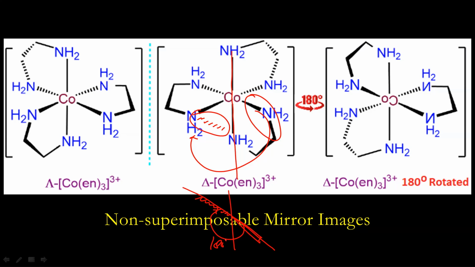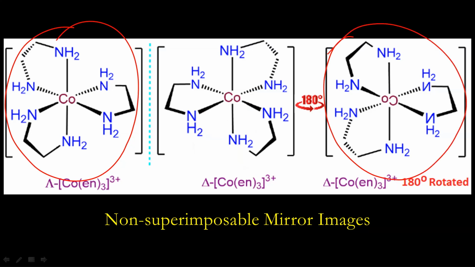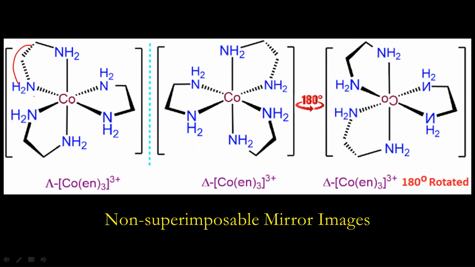Now, if you compare these two, if we had seen in 2 dimensions, then obviously it looked like they would be superimposable. Are they superimposable now? They are not. Because here this part is away from us and here this part is towards us. Normally, if we consider just 3 simple bonds, their mirror images will always be superimposable.